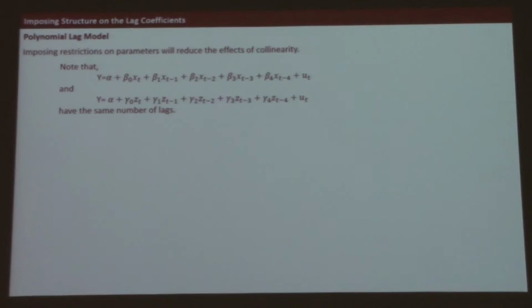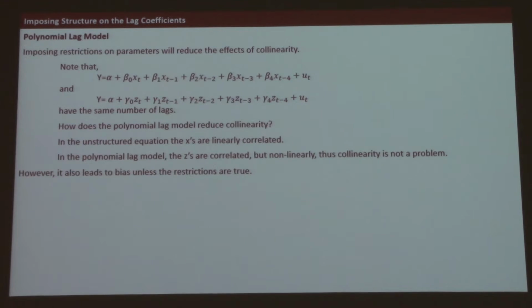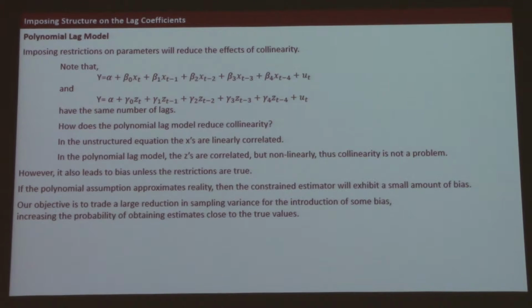So it reduces the effects of multicollinearity, which is one of the reasons we're concerned about those unrestricted distributed lag models. It just reduces the number of coefficients we're going to estimate. So imagine if this was an 8 or 6 period lag. It would still boil down to those 4 coefficients.